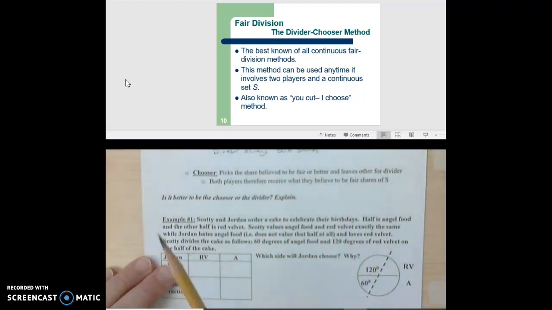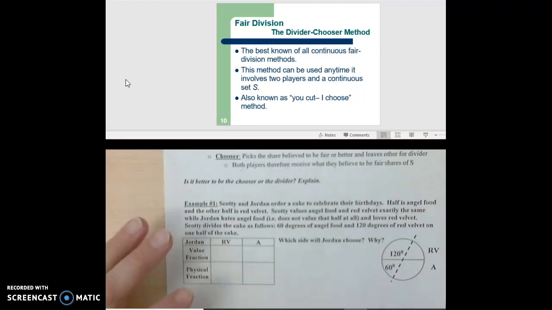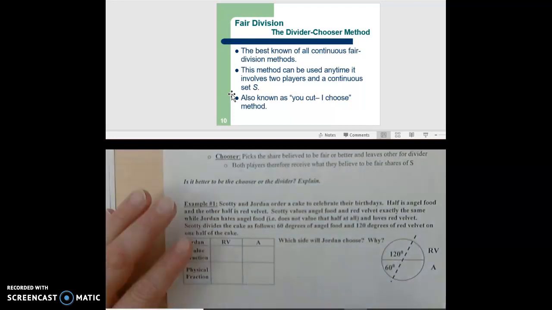So, in your opinion, is it going to be better to be the chooser or the divider? We're going to say that it is definitely better to be the chooser, because no matter what, you're always going to get your fair share, if not more than what you think.